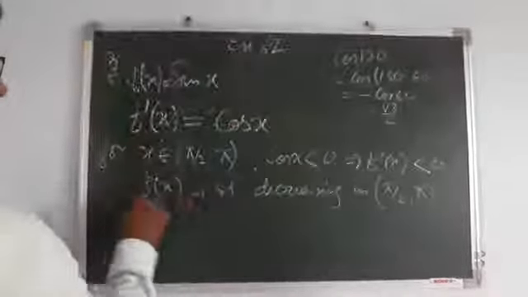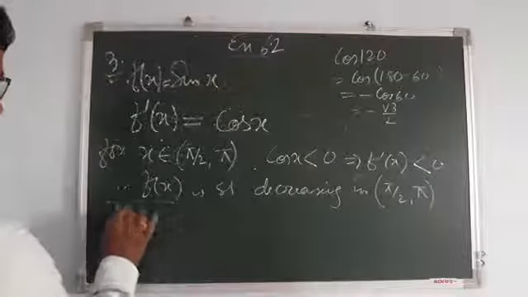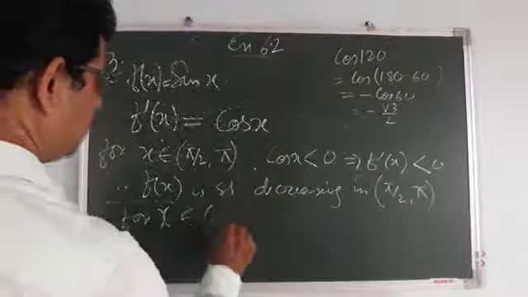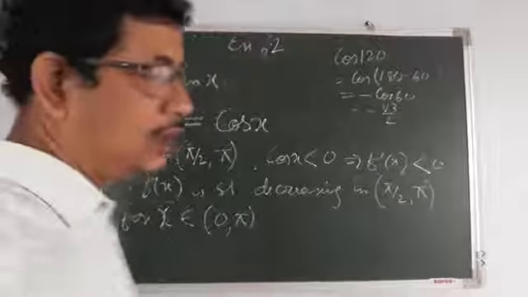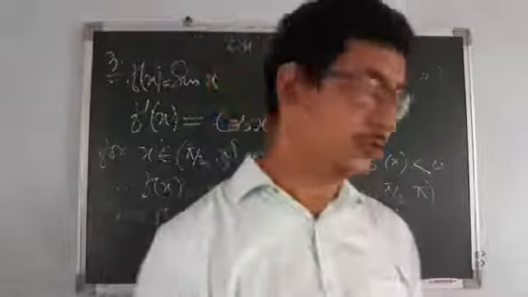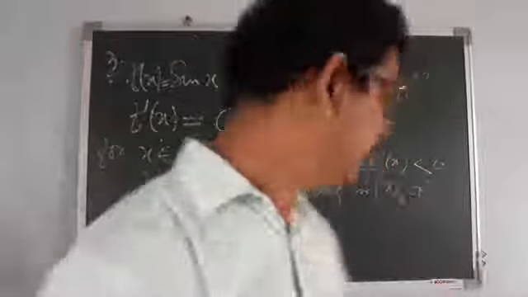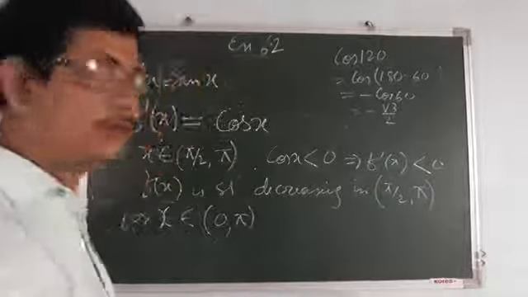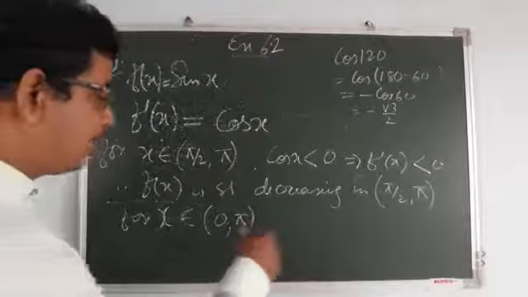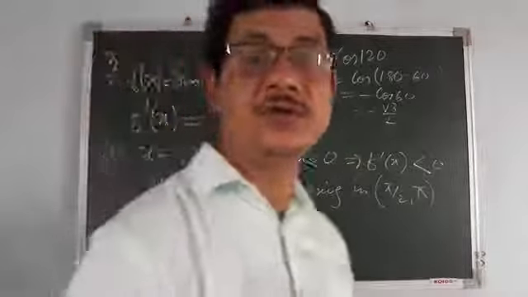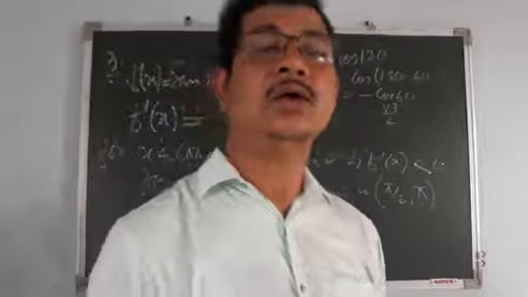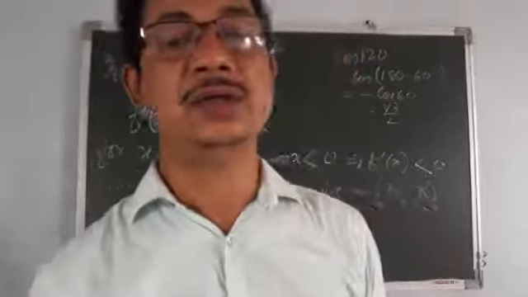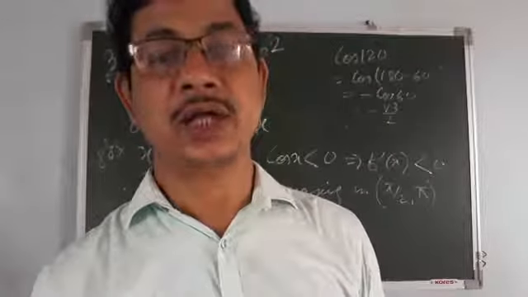Now if we consider x between 0 to 180, then one part 0 to 90 is strictly increasing, and the other part 90 to 180 is strictly decreasing, and at 90, f dash is 0, about which we cannot say anything.